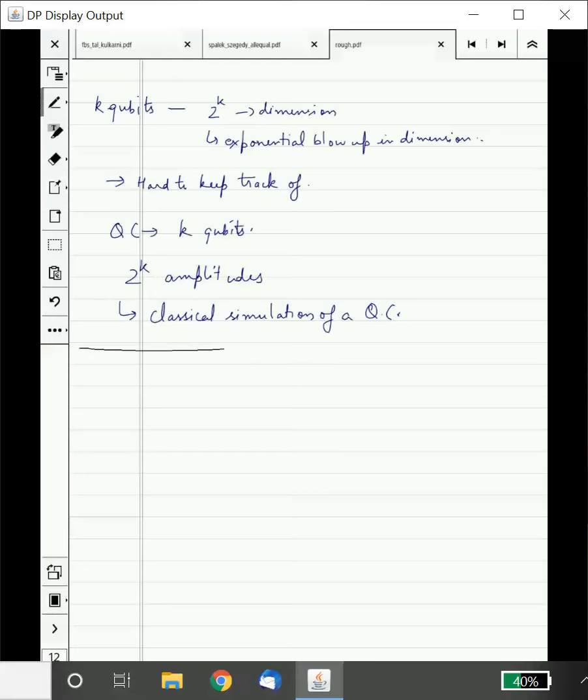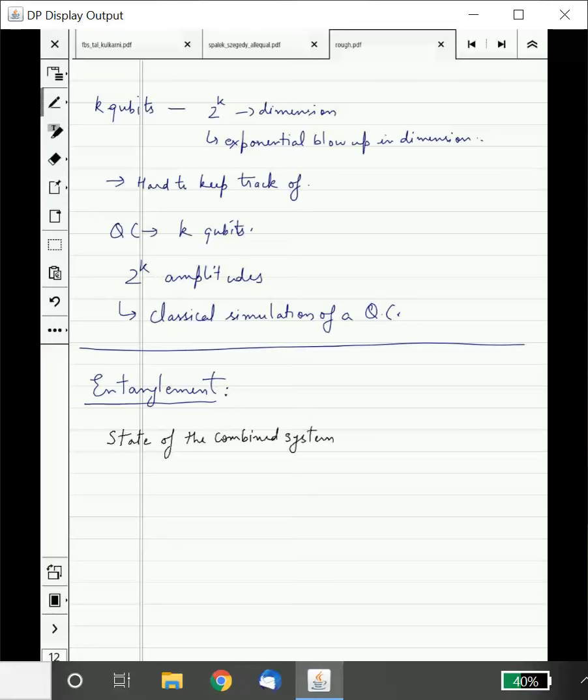We come to the final concept today, but very, very important, known as entanglement, which arises from the simple property of tensor product. What is entanglement? This is in opposite direction of the postulate.